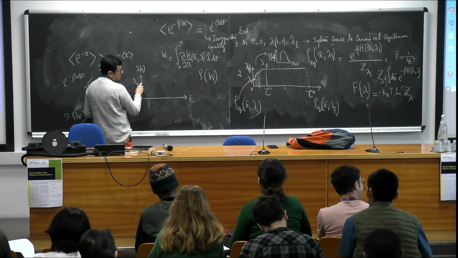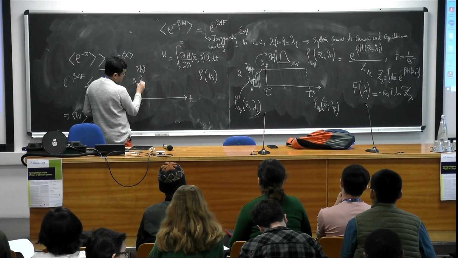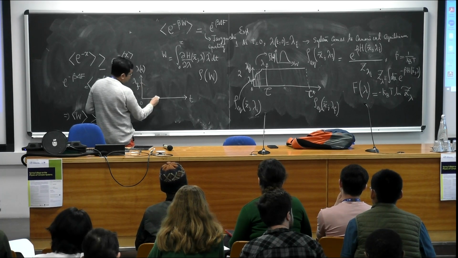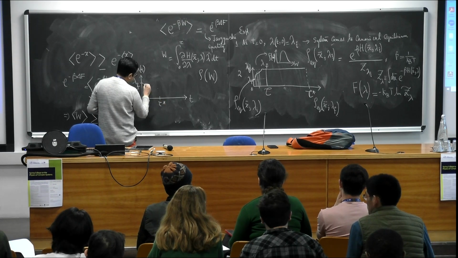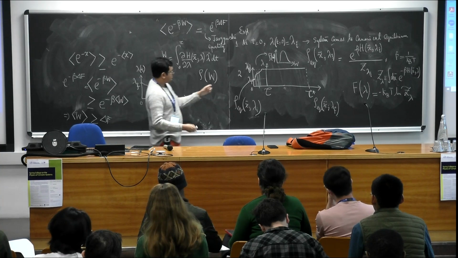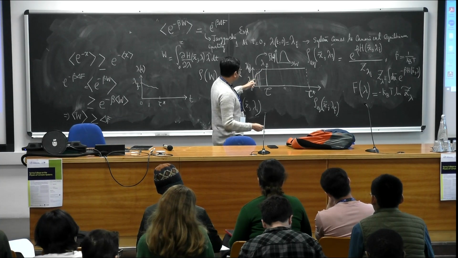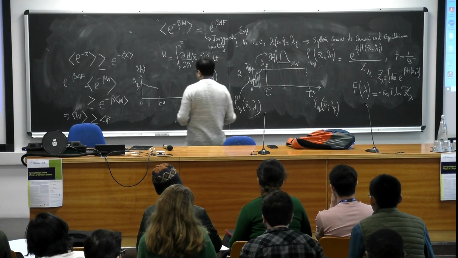The system is initially in equilibrium at lambda f, and I now decrease lambda f over time tau star to lambda I in exactly the time reversed protocol of this one. That is, I take this protocol and I go backward in time.